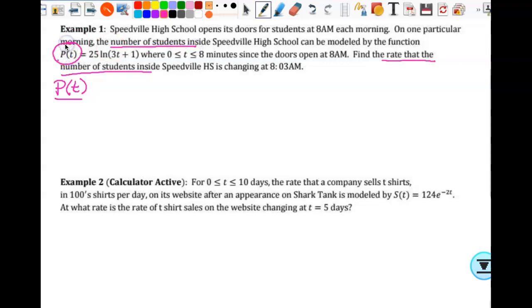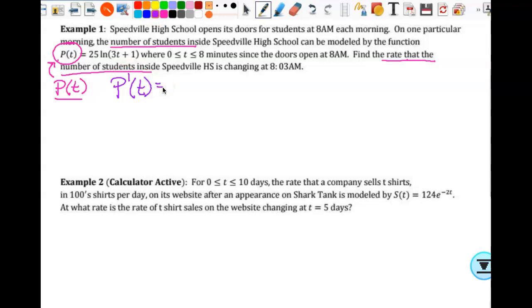If we want the rate that the number of students is changing, P of t is just blah, blah, blah students. P prime of t would be students per minute, and P double prime would be students per minute per minute. That would be the rate at which the rate is changing, right? But that's not what it's asking us for. It's just asking us for the rate. So we have to pay attention to what we have and then what we need, right? So we need P prime of t, non-calculator.